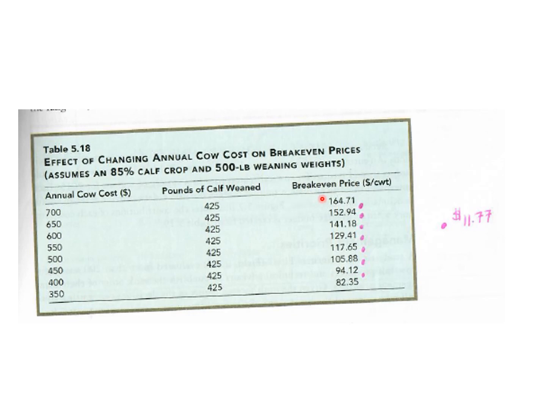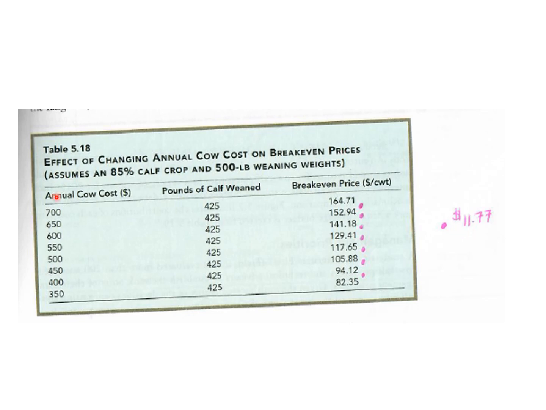You notice that the change in break-even price, represented here by these purple dots, with an 85% calf crop and a 500 pound weaning weight, a $50 reduction or a $50 increase in annual cow cost has the same effect on break-even, about $11.77 a hundredweight. If we move that decimal two places, it's about 12 cents a pound.